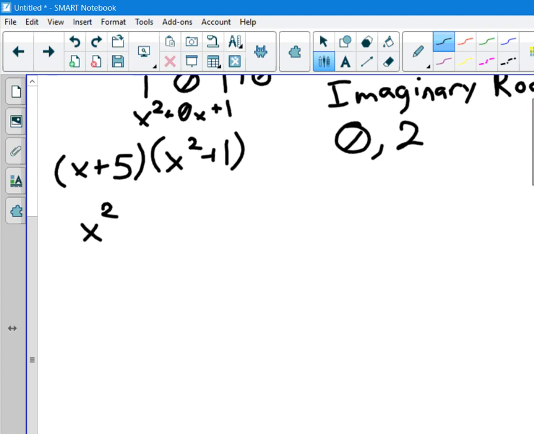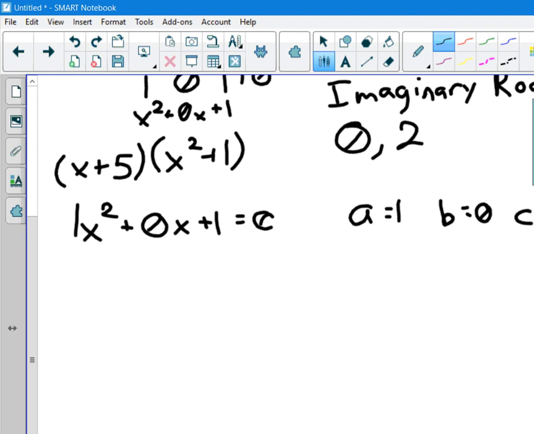If x squared plus 0x plus 1 equals 0, that means a, which is the coefficient in front of the x squared, is 1, b is 0, and c is 1.